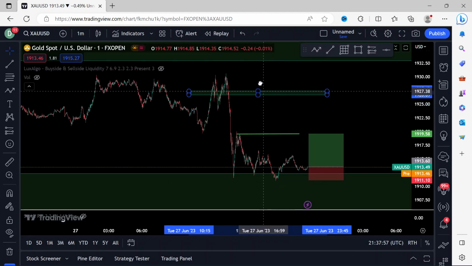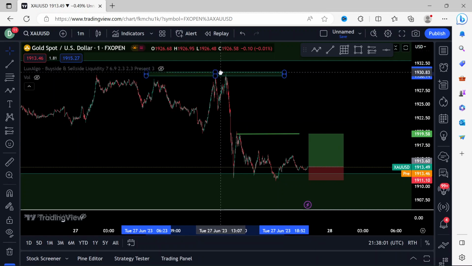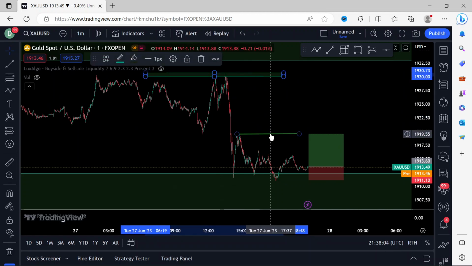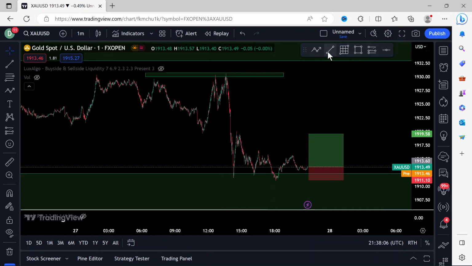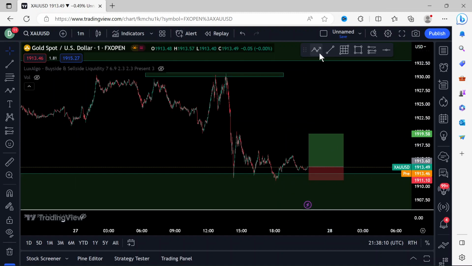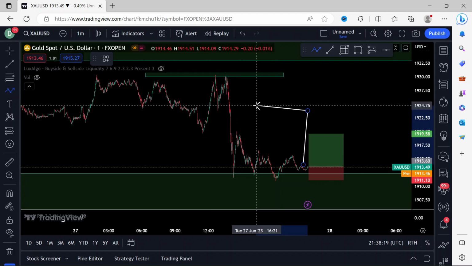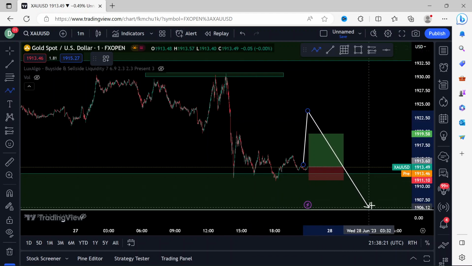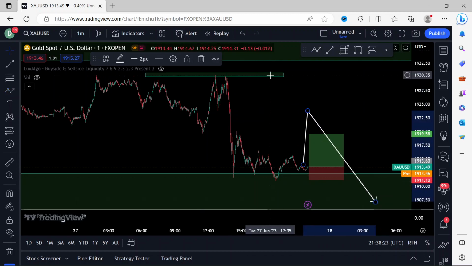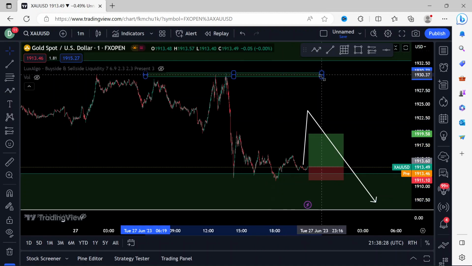Let's say if this is also a potential resistance zone, price can move and hit here and come down again. So we can say this resistance right here is not a valid order block.